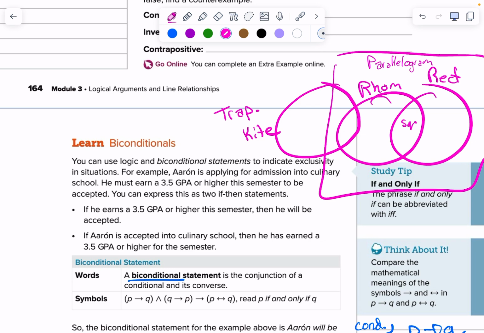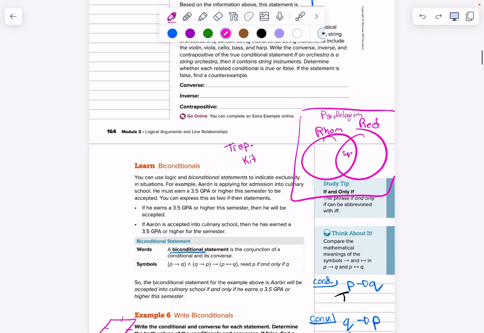A kite would overlap the square too. Isn't a square technically a kite too? A kite would overlap everything, because a kite can't be a rectangle. Well, no, a kite could be a rectangle. Gosh dang it, I don't know. I have to think about the specifics of what makes it what. Whatever, don't listen to what that is.